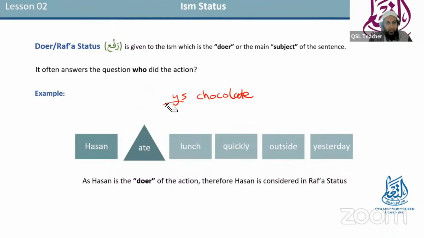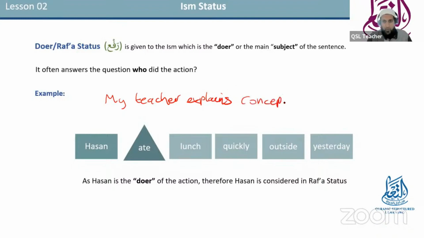Try another sentence. My teacher explains concepts.